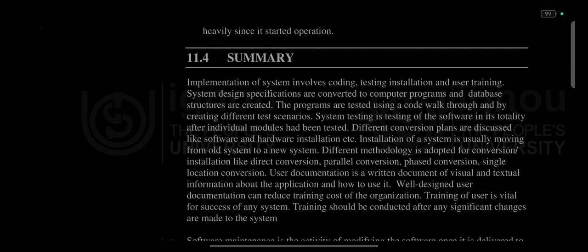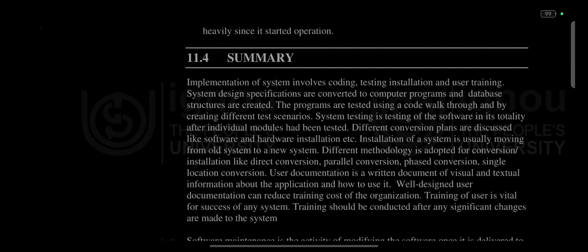Different conversion plans are discussed like software and hardware installation etc. Installation of a system is usually moving from old system to a new system. Different technology is adopted for conversion/installation like direct conversion, parallel conversion, phased conversion, single location conversion.